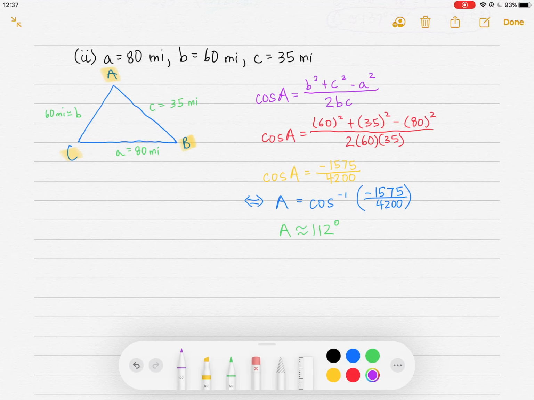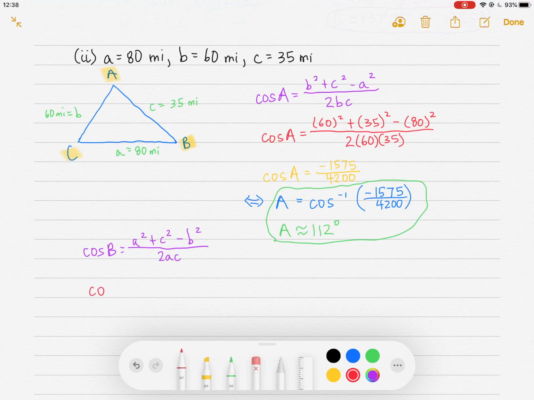Next, we're going to find big B. Again, why? Because I said so. You need to go in alphabetical order, please. Then it doesn't make 20,000 different answers. So cosine of big B is equal to little a squared plus little c squared minus little b squared all over 2ac.